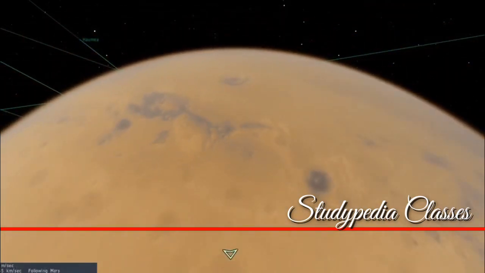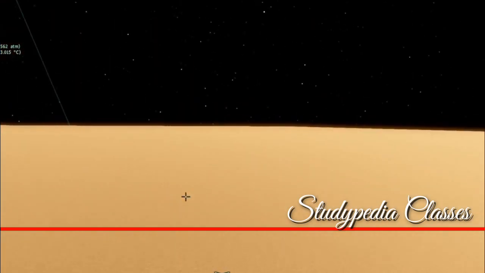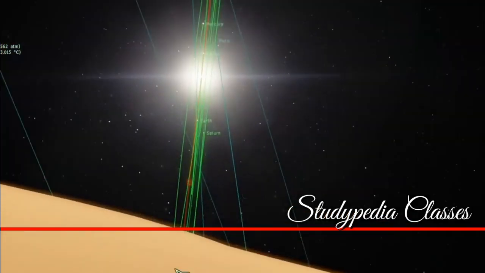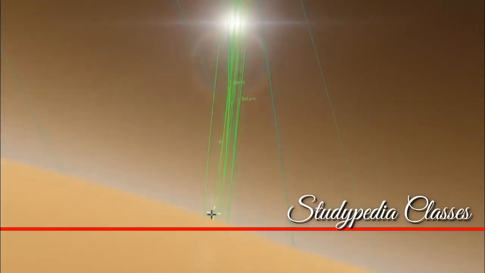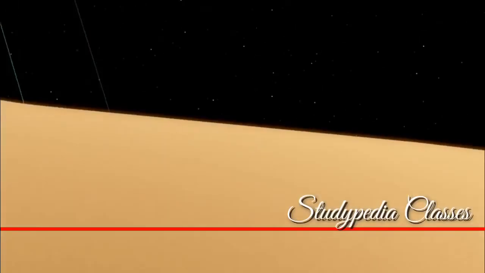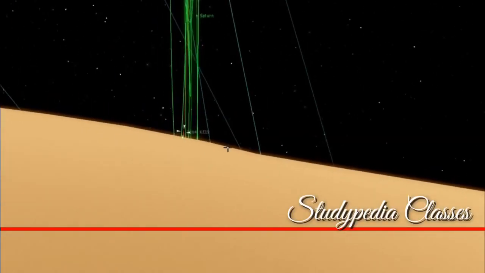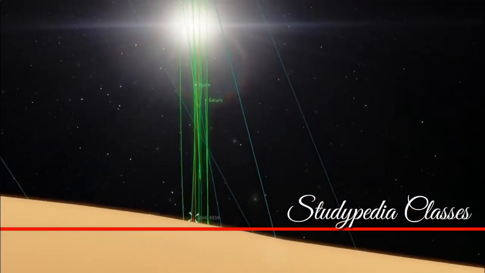Let's land on here and see the view. I mean, in future, if we would be living on Mars, we can have a view. I'll have to disable the atmosphere over here. One sec. Okay, so these are the orbits.